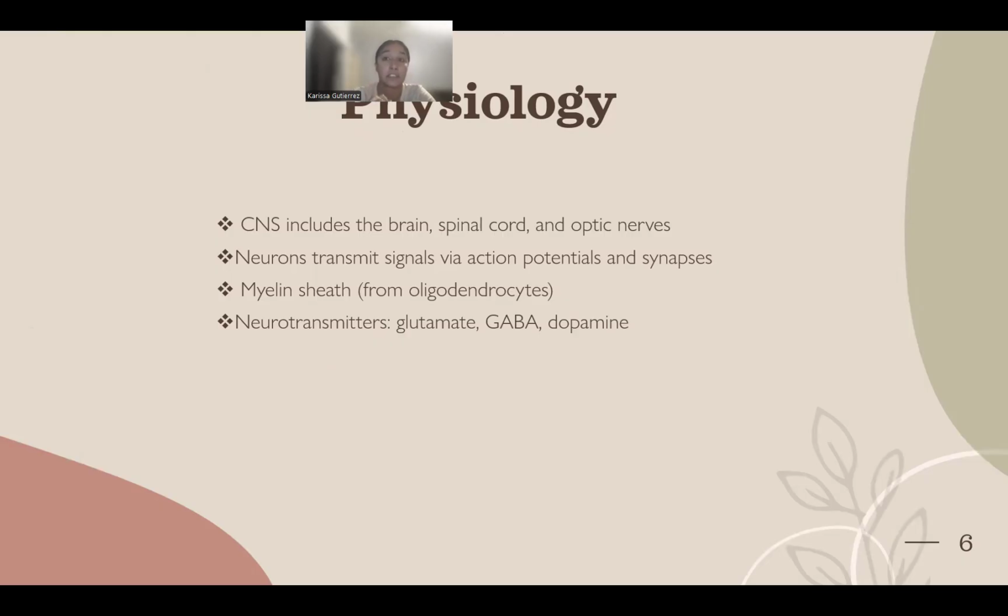At synapses, neurotransmitters such as glutamate or GABA assist in passing messages between neurons. Dopamine helps modulate mood and motor control. This fast coordinated signaling is essential for everything from movement to memory.